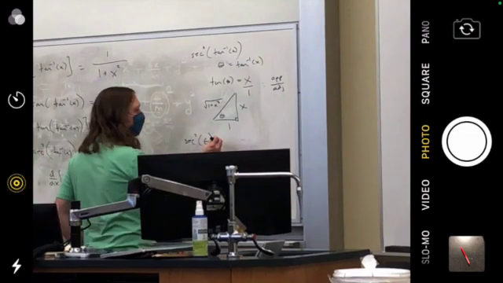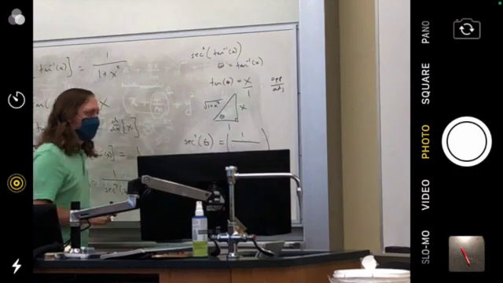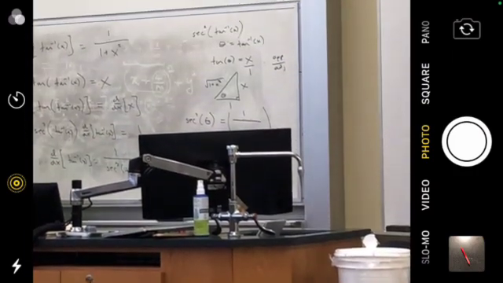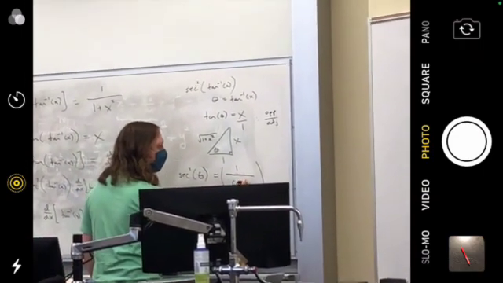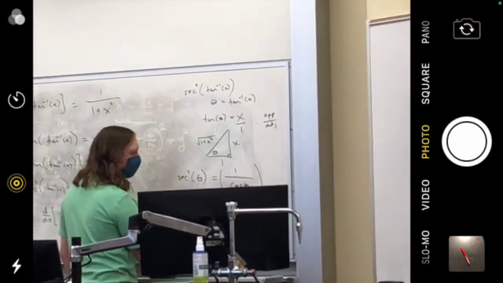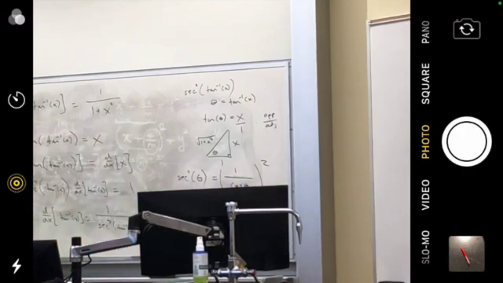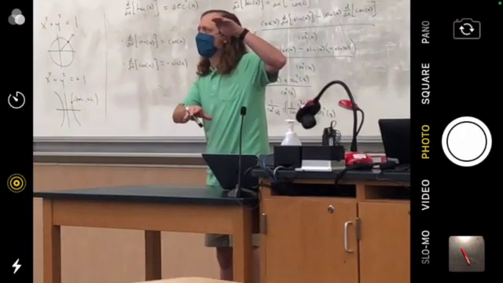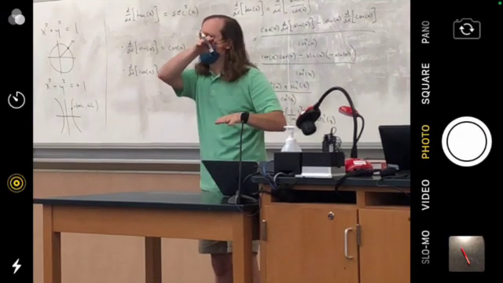What is secant? One over cosine. So what is 1 over cosine of theta in this triangle? Cosine of theta is adjacent divided by hypotenuse. So if you take 1 over that, it's hypotenuse divided by the adjacent.